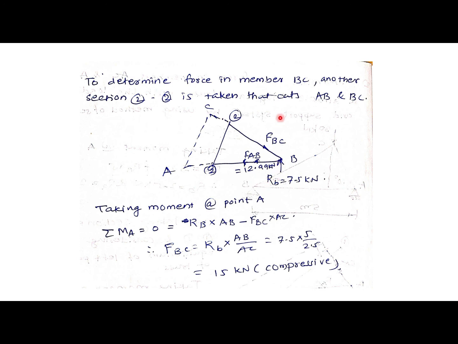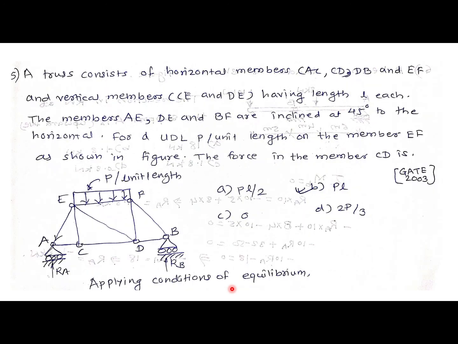Similarly, the component of the force in member BC and the perpendicular distance from point A. By putting down all the values, we get the unknown force FBC, with compressive nature. Since it is positive, our consideration for the nature is correct.